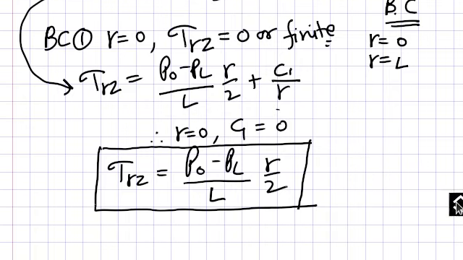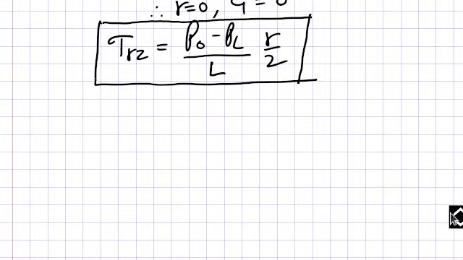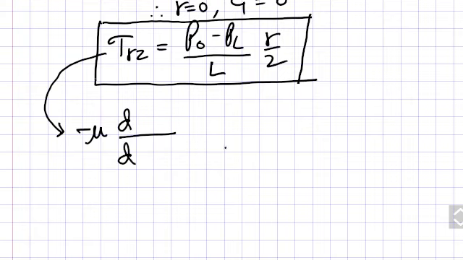Now after the shear stress formula development, what we always do is apply Newton's law of viscosity, and actually this is a Newtonian fluid. We are doing all this discussion for a Newtonian fluid, so we will put tau rz is equal to minus mu times the velocity gradient.